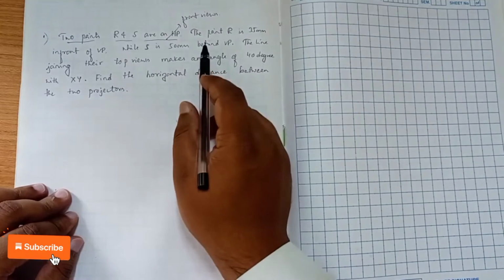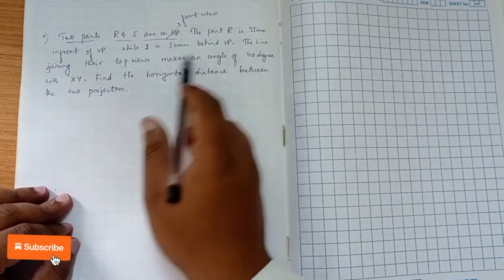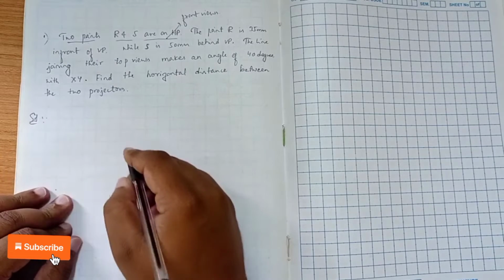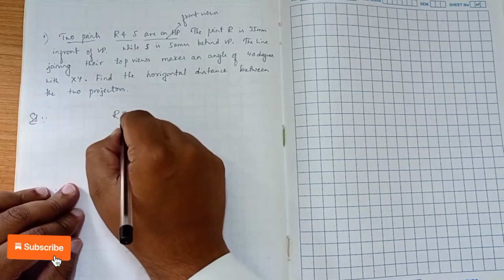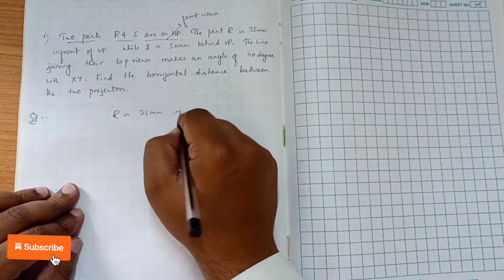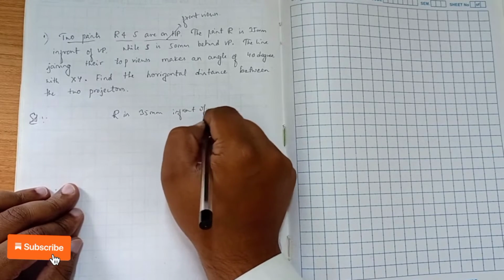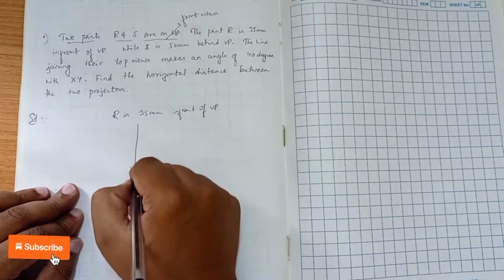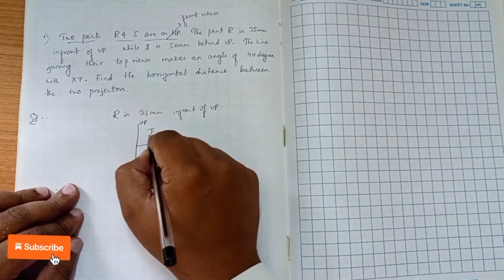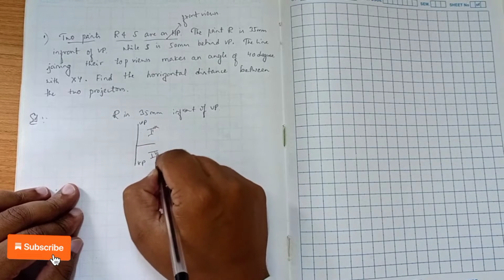Now we see the point R is 35 mm in front of VP. In front of VP means two chances, first quadrant and fourth quadrant.